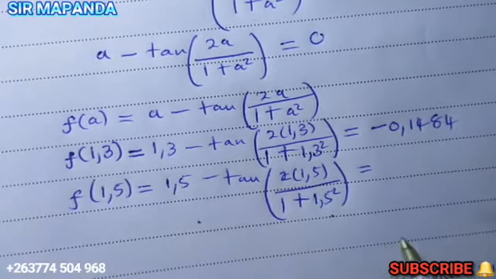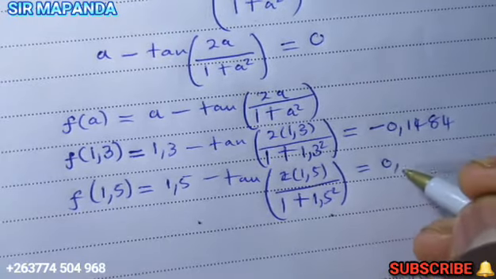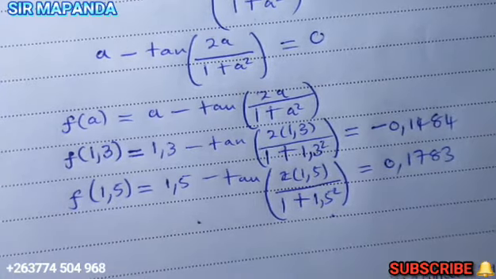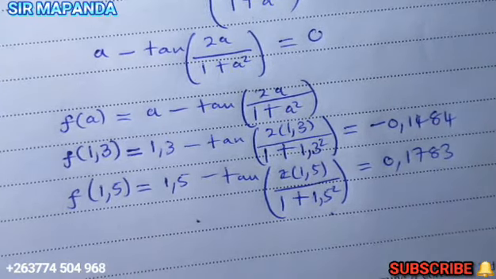Then if you punch this in your calculator, you get 0,1783. Right. So you can notice that there is a sign change. f of 1,3 is giving us a negative result. f of 1,5 is giving us a positive result.